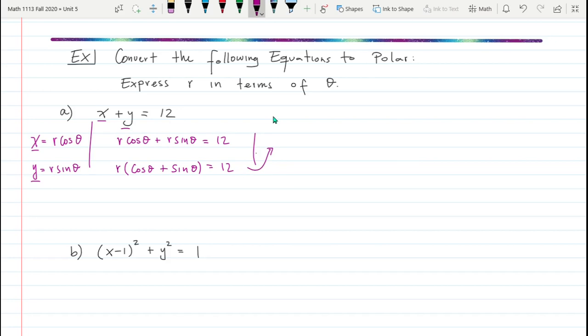So r is equal to 12 divided by cosine theta plus sine theta, and I'll be done, because now r is all by itself. There is no x and y left over, and it's all in terms of theta. Okay, hopefully that makes some sense.